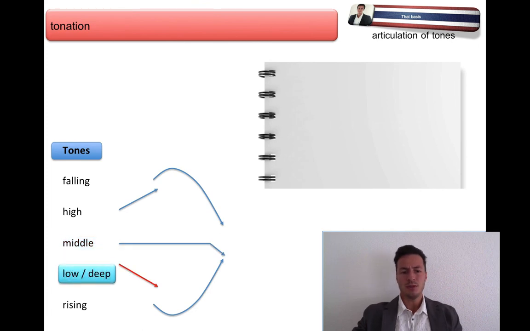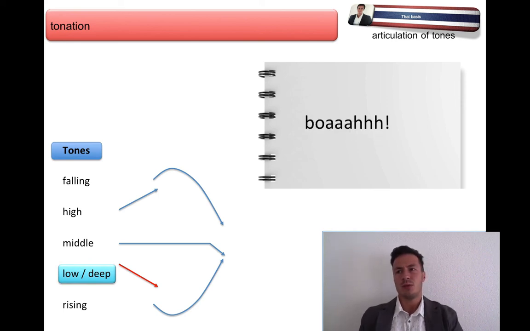The low tone, or the deep tone, on the other hand, is somewhat comparable to when you observe something in English and you're first of all maybe shocked, or it just touches you somehow, and you go like "bah, bah, bah." You're surprised, scared or frightened also.